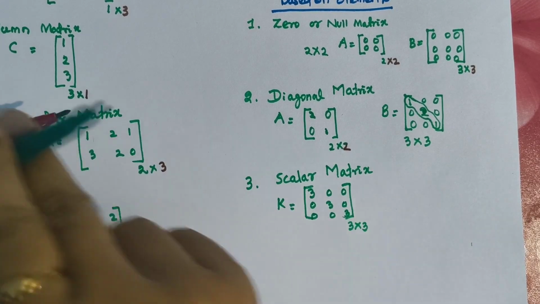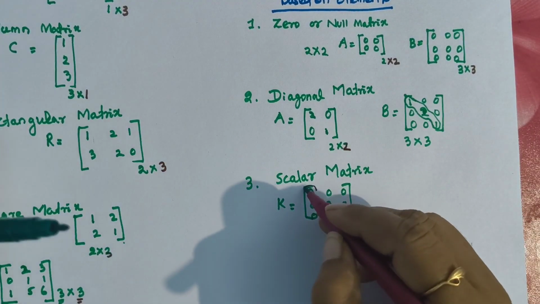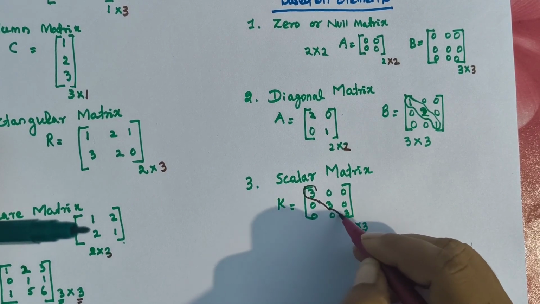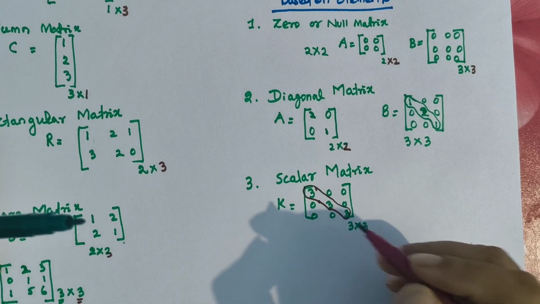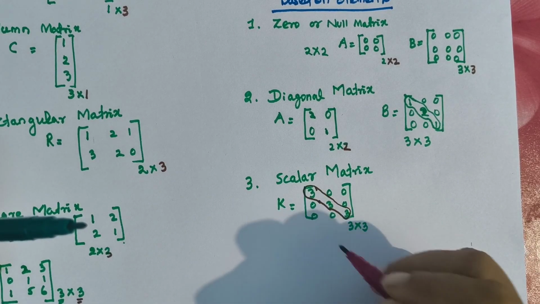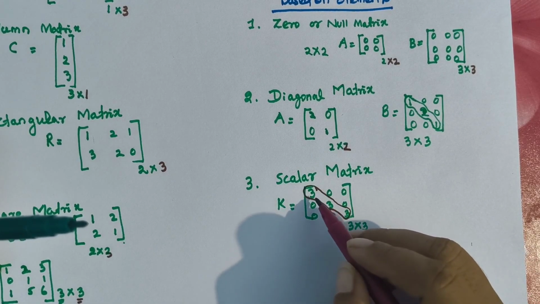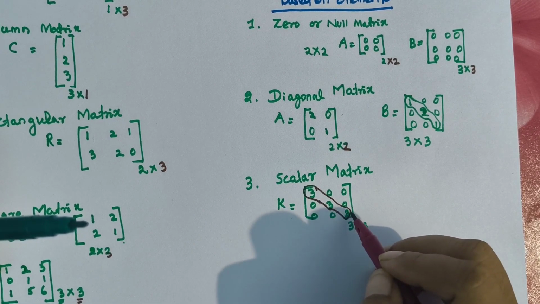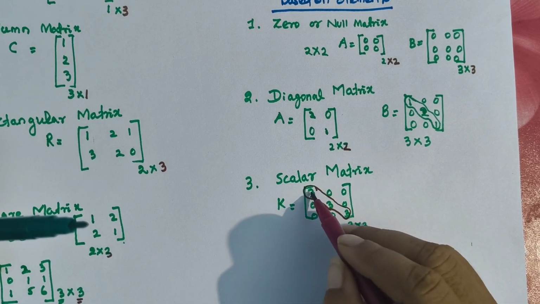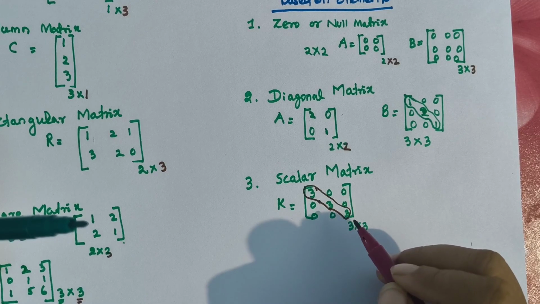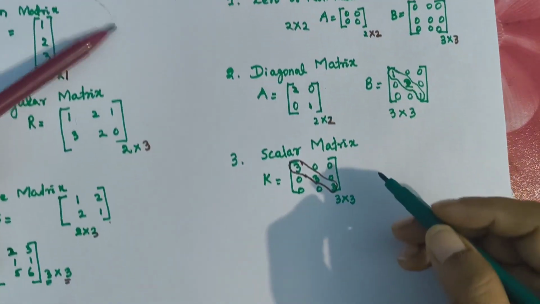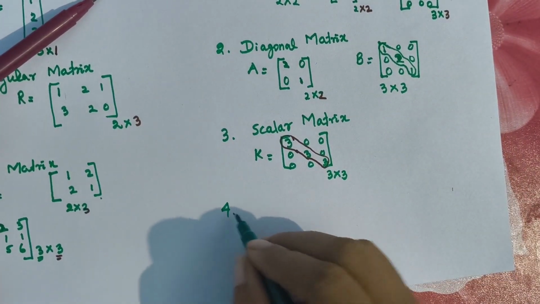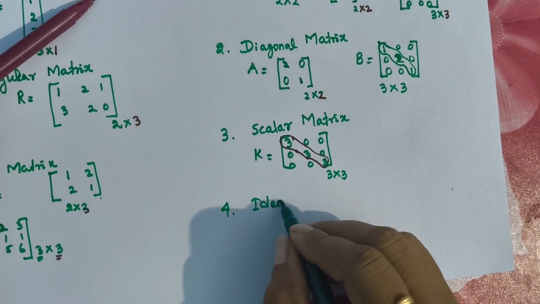You can see that the main diagonal element is a scalar, that is 3. It can be anything. If it is a scalar other than 1, it is a scalar matrix, but if it is 1, 1, 1 here, then it is known as an identity matrix.